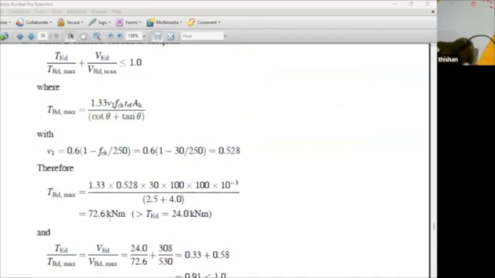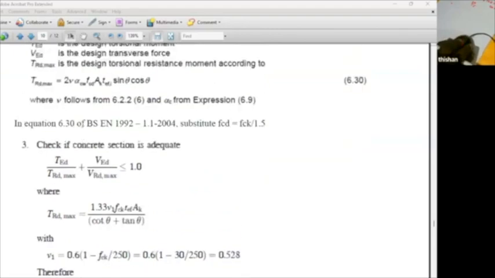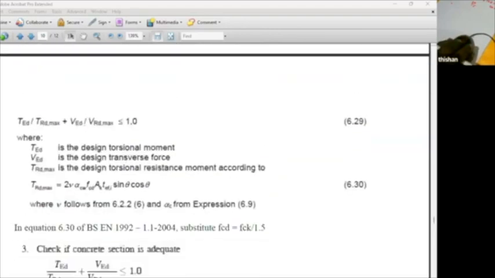So the equation given in the note is a little different. How do you get this equation from the original equation? The original equation is given in the code. It says TRD max is equal to 2 nu alpha CW FCD AK T effective sin theta cos theta.